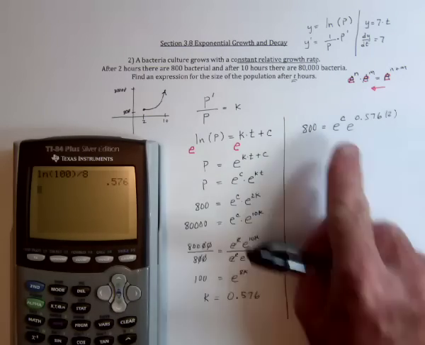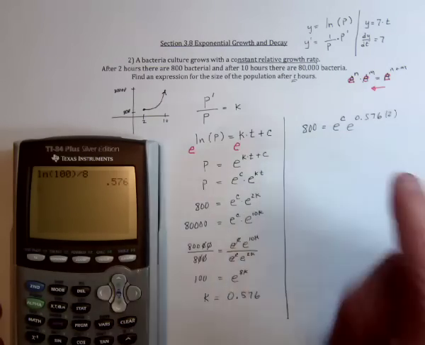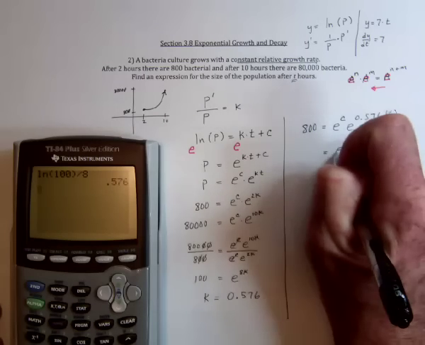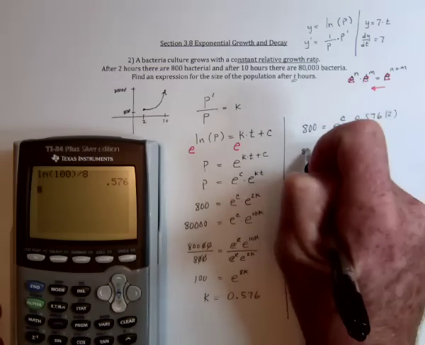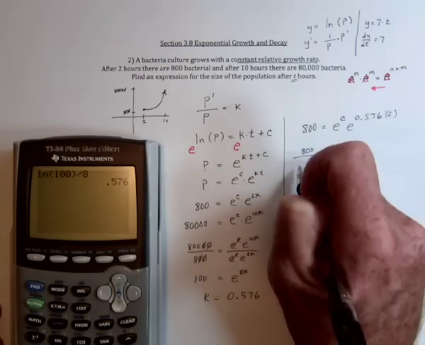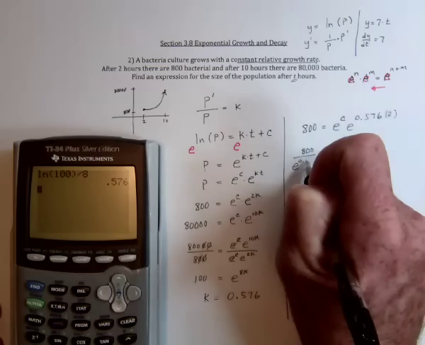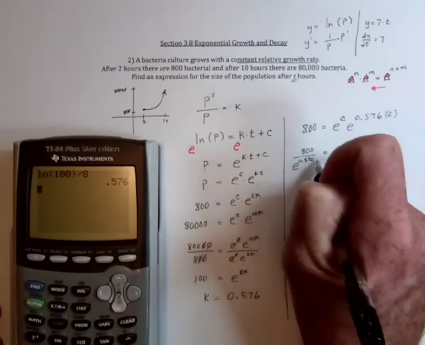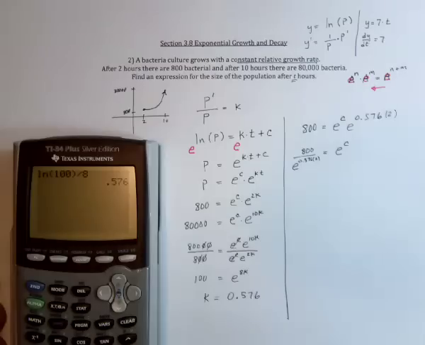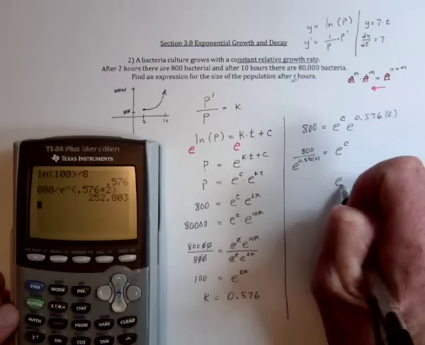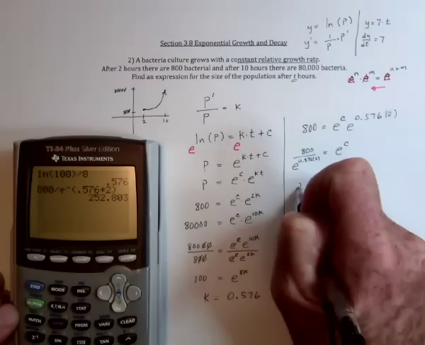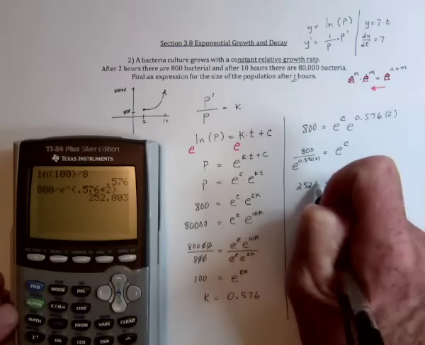Okay, so to solve for e to the c, just divide by this thing. So we've got e to the c is equal to 800 divided by e to the 0.576 times 2. And so we've got that e to the c is equal to 252.803.